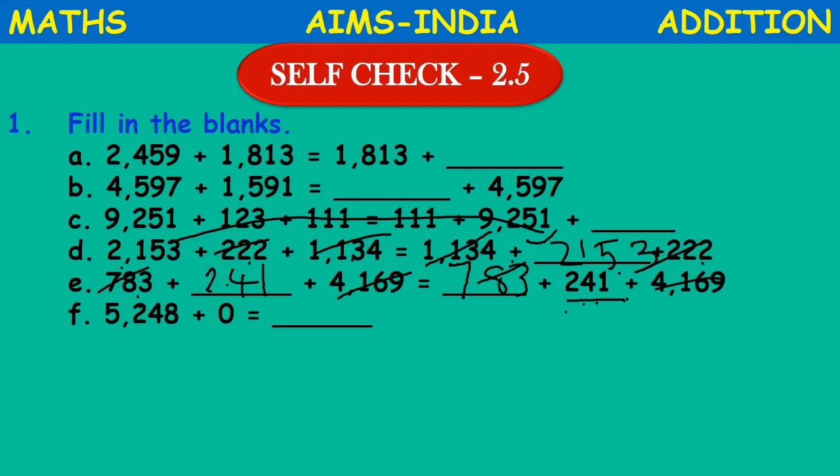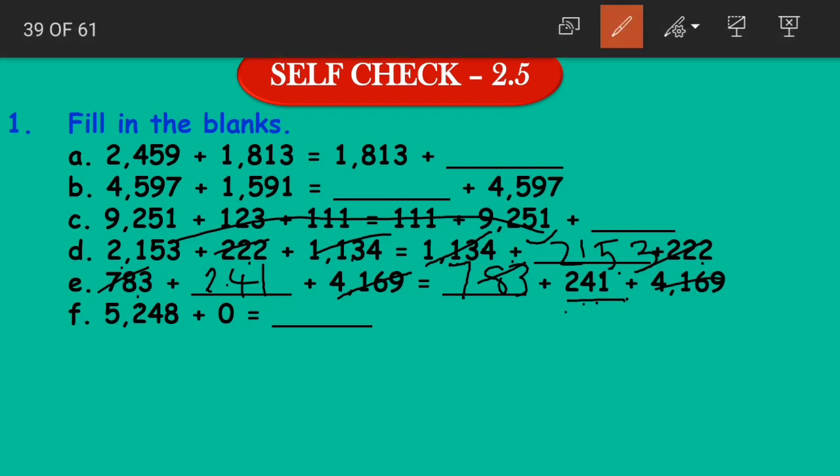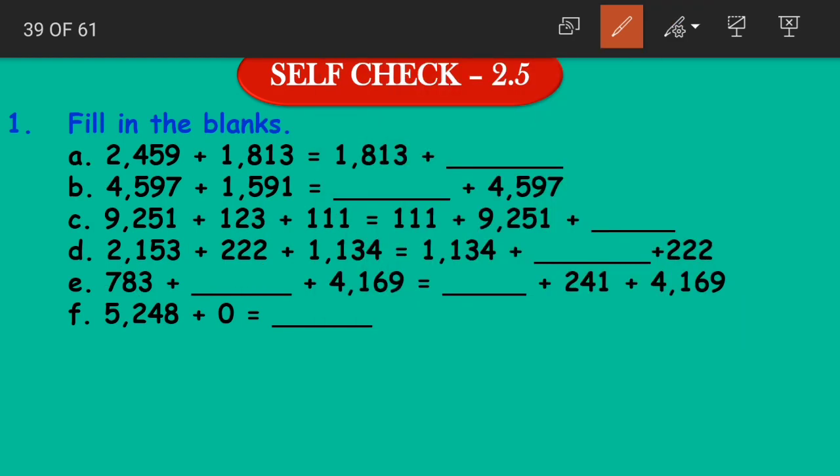Question number F. 5248 plus 0 is equal to dash. Now which property is this? This is our additive property of 0. What does it say?